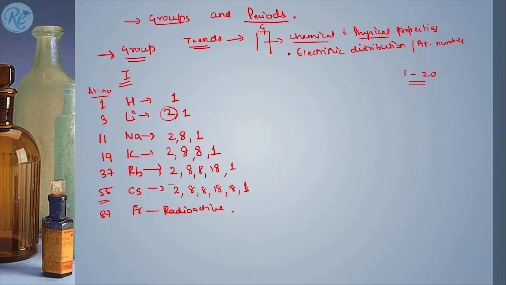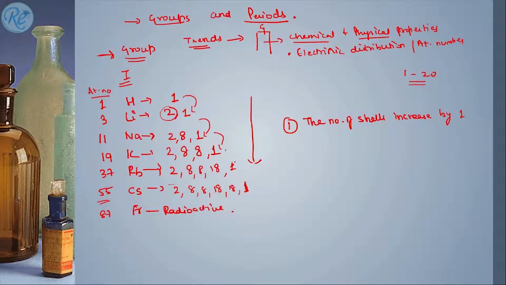Of course you can. The first thing that you observe is that the number of shells increases by 1 in successive groups. So you can see that as you come one step down, one more shell is being added. So down the group, the number of shells increases.